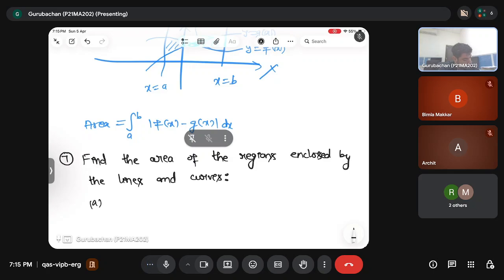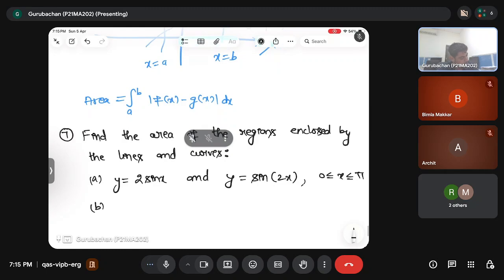The first one is y equal to 2 sin x and y equal to sin 2x, where x varies from 0 to pi. And part b is y equal to cos(pi x by 2) and y equal to 1 minus x square. So quickly do these two.